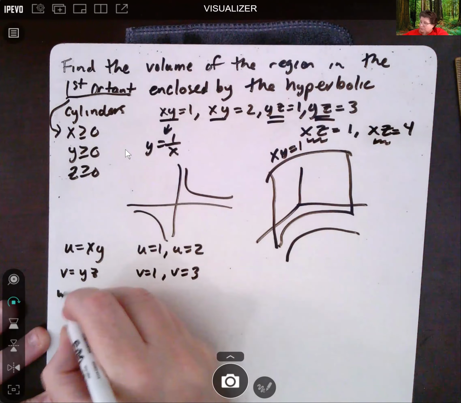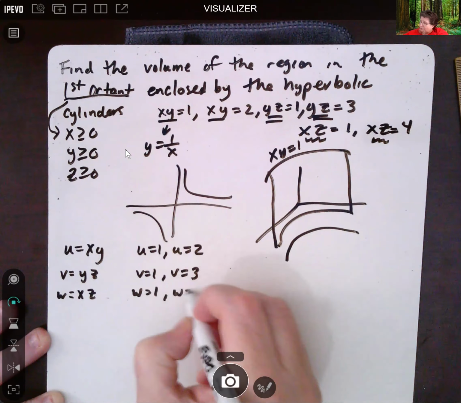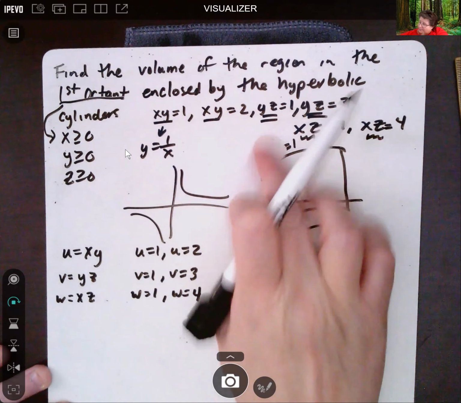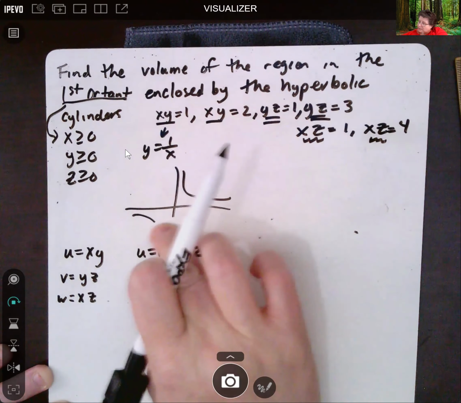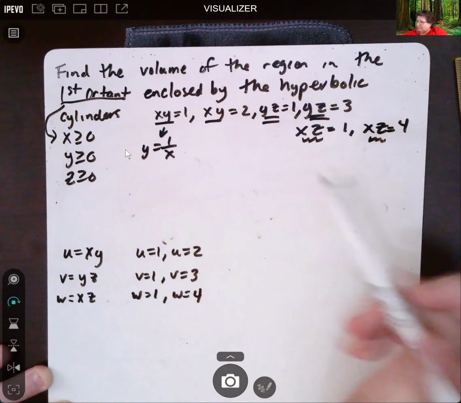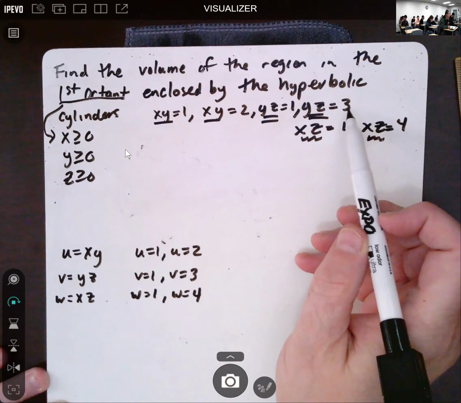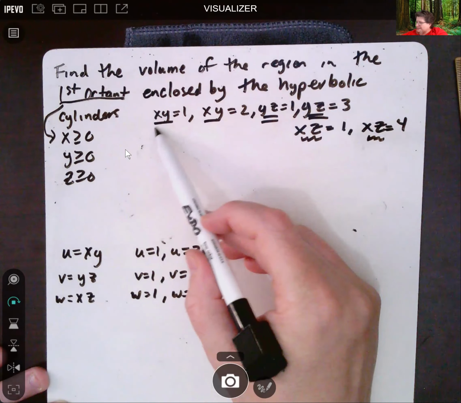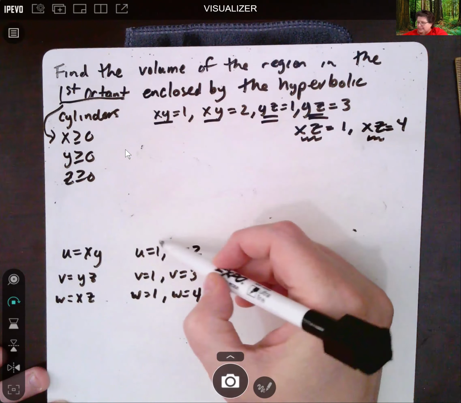If I say w equals xz, I've got w equals 1 and w equals 4. So I'm letting the ugliness of the equations guide me in my choices, because if I set it to this product of x and y, this becomes really easy.